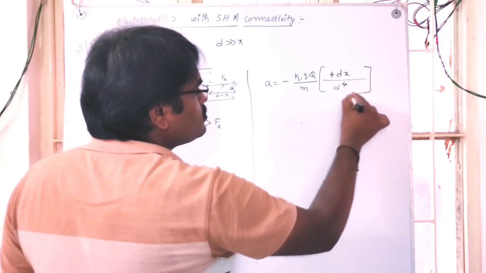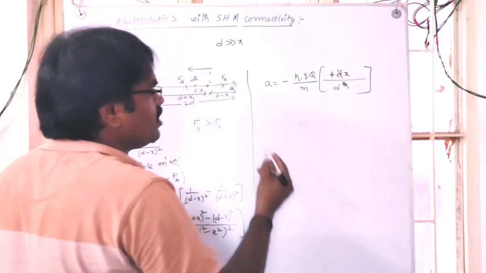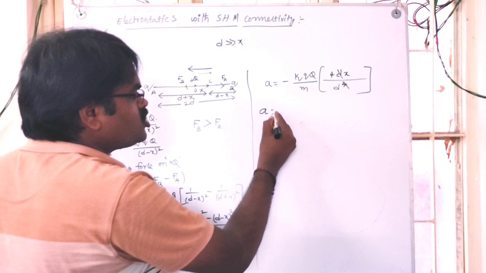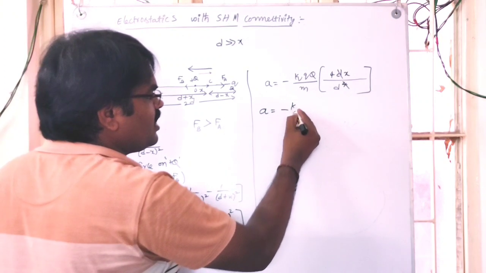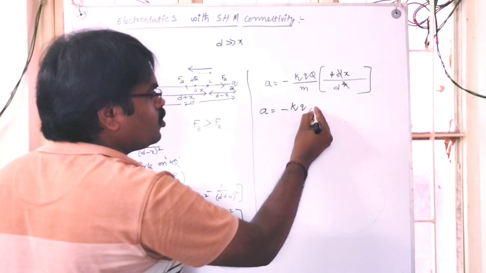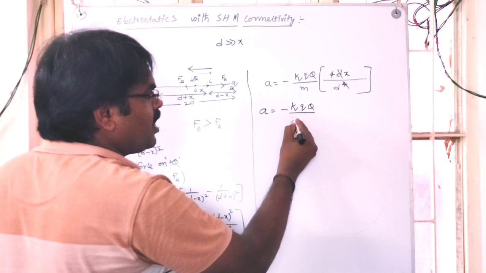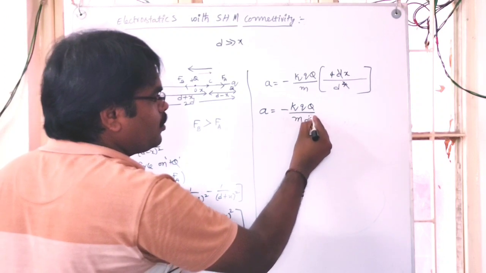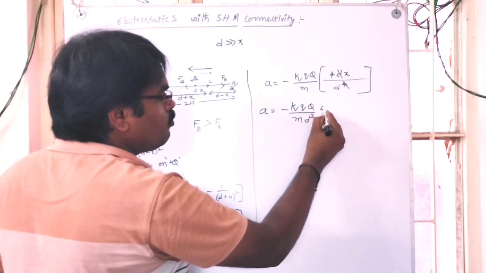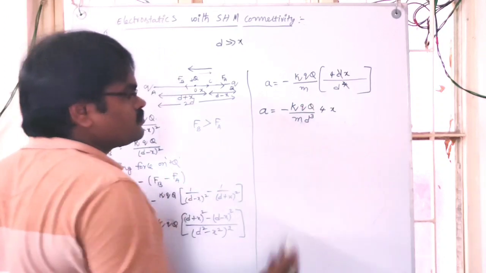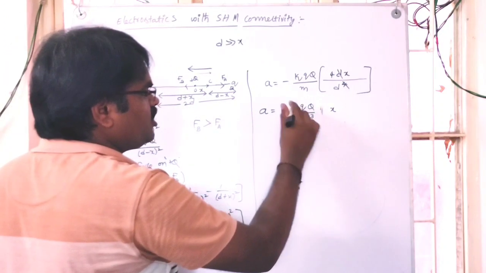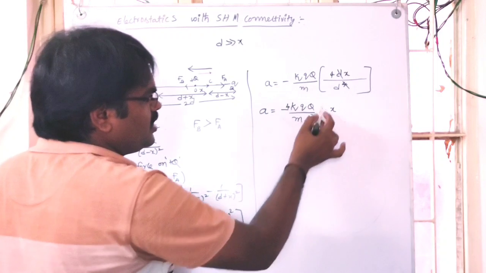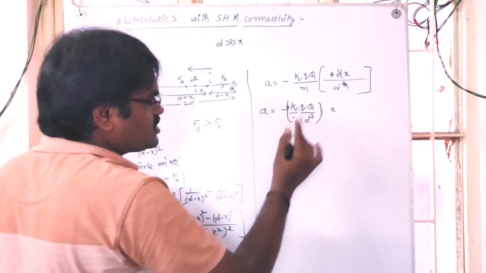4ab. Then 1 d cancel. What remaining? a is equal to minus kqq by m d cubed into 4x. That is what you write here, 4x. This is the term constant.